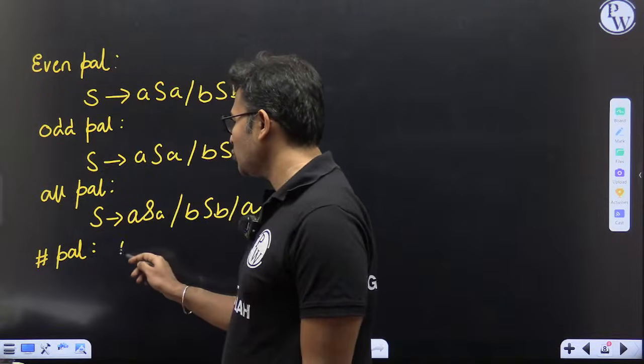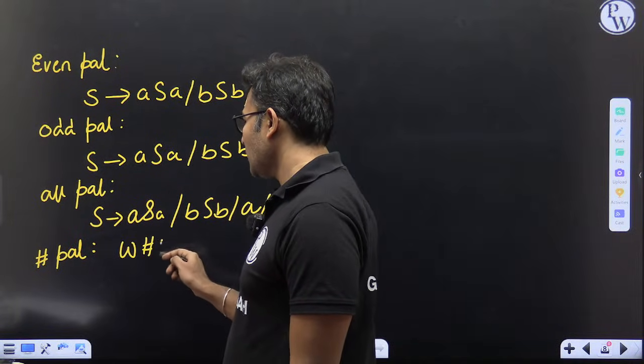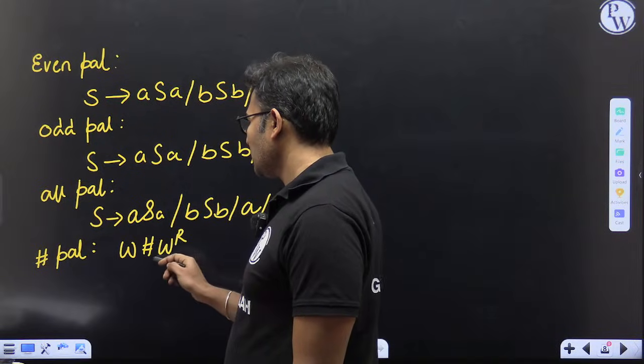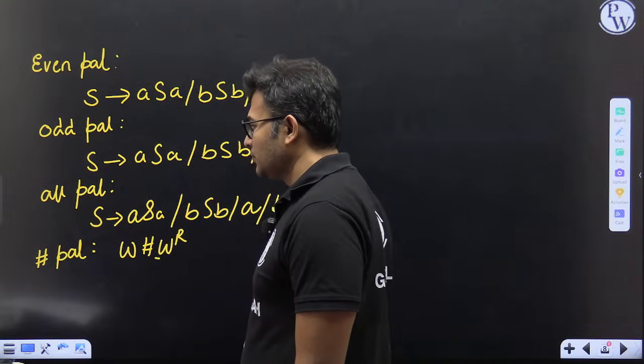What is a hash palindrome? W hash W power R, where W belongs to {A, B} star, right?